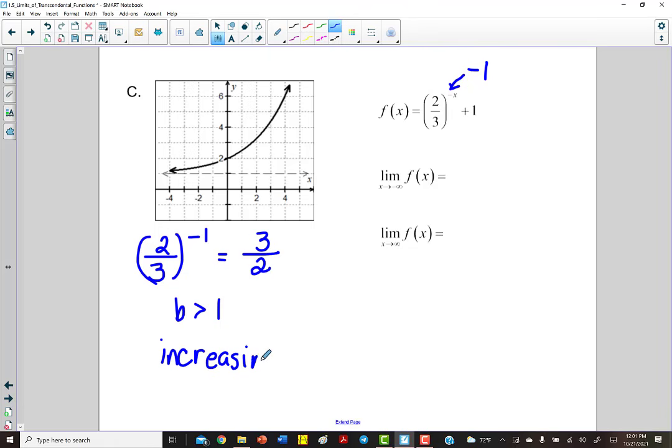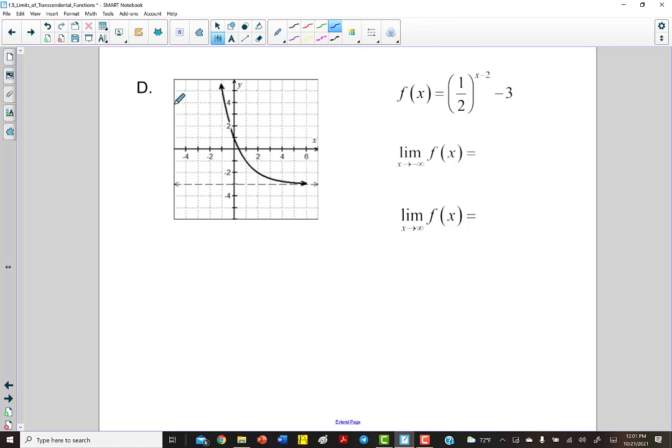Now, if you didn't have the graph, you could reason through that kind of logic to get a sketch if you needed one. So as we approach negative infinity, our function values are approaching the horizontal asymptote, which is 1, and then the graph is unbounded upward as the x values grow large, and that would be positive infinity for the limit on the right.